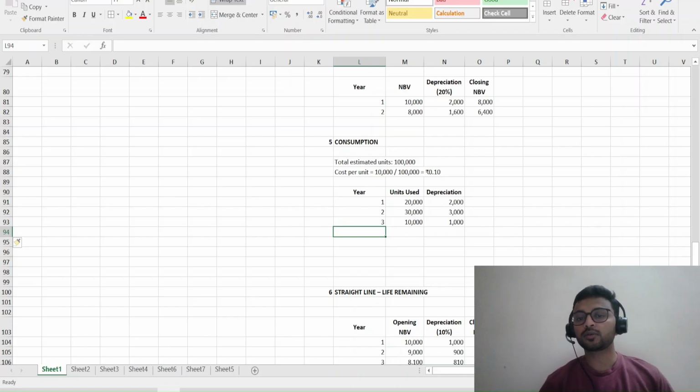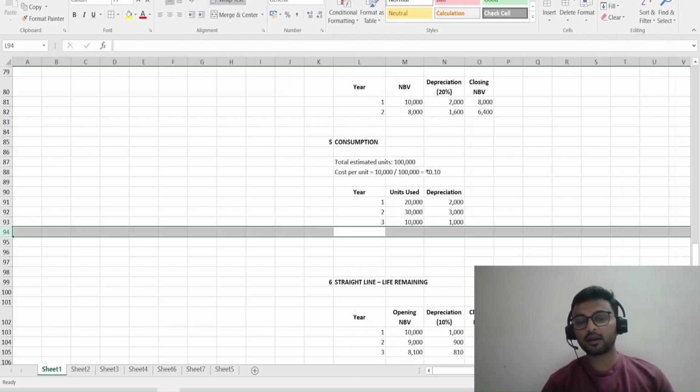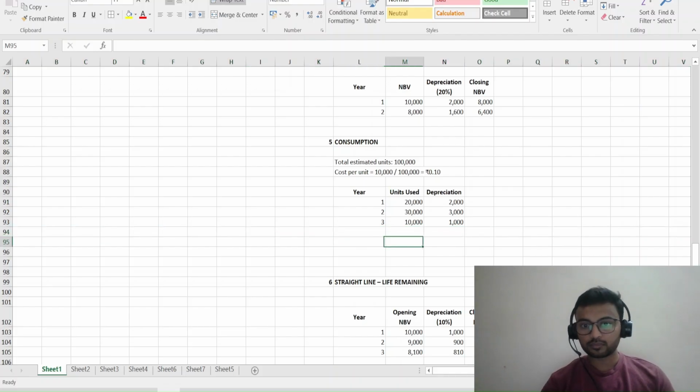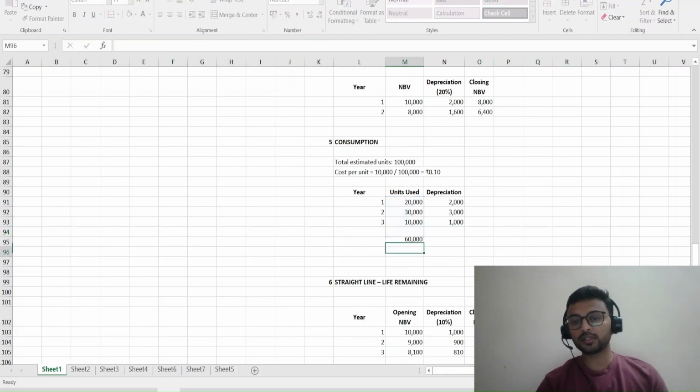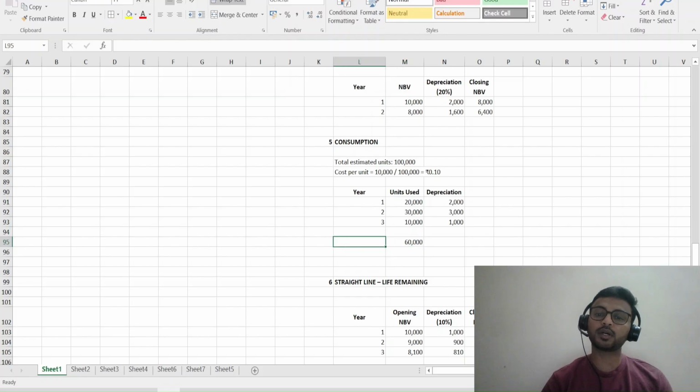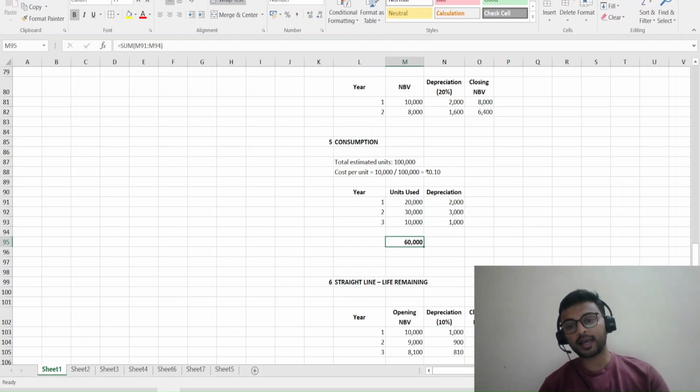If you charge depreciation based on unit consumption, it will give you an accurate depreciation amount and accurate useful life of the asset, because in the last few years the capacity of the asset will reduce. This is the only purpose. The maximum we can produce is 1 lakh units, so the total must be 1 lakh after the completion of the 10 years.